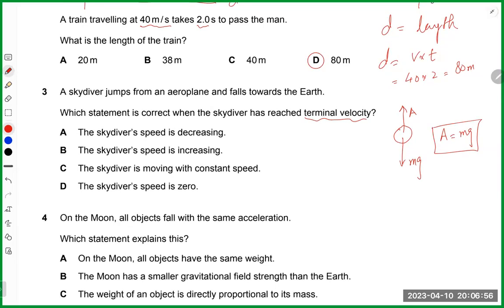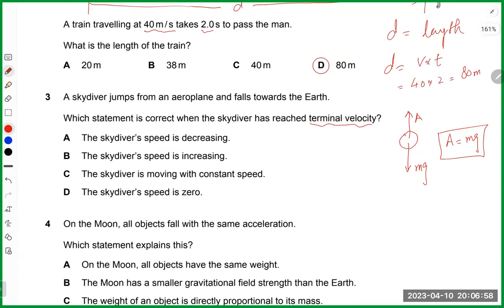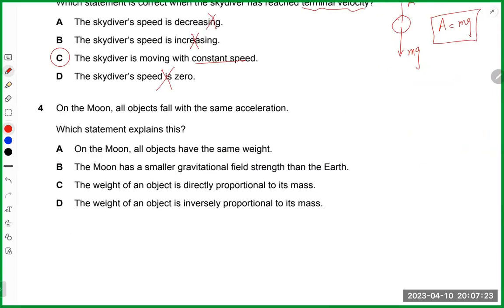The skydiver speed is decreasing. No, because speed is supposed to be constant. Skydiver speed is increasing. No, because it is constant. Moving with a constant speed, that can be an answer. Skydiver speed is 0. No. Skydiver is not at rest in sky. Skydiver is just falling with constant speed. So answer has to be C.